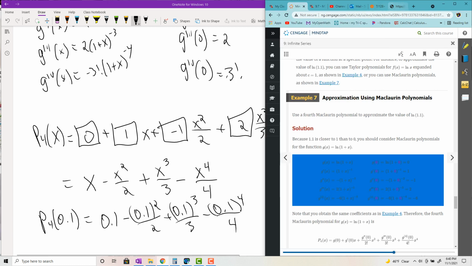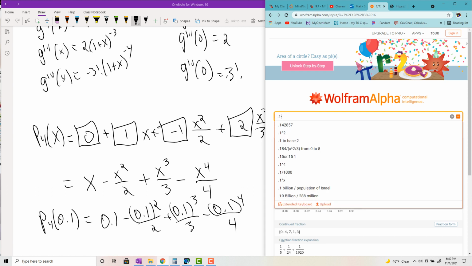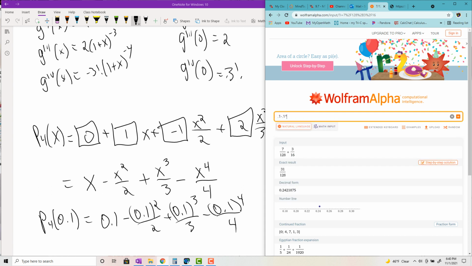But we will use Wolfram to get that, whatever the heck that number is. 0.1 minus 0.1 squared over 2 plus 0.1 cubed over 6 minus 0.1 to the 4th over 4. Oh, whoops, over this. I was thinking that was a 3 factorial. It's just 3.